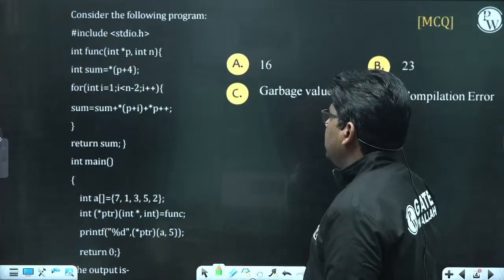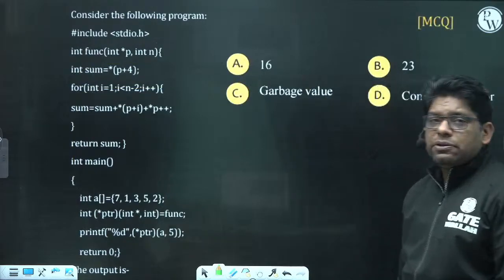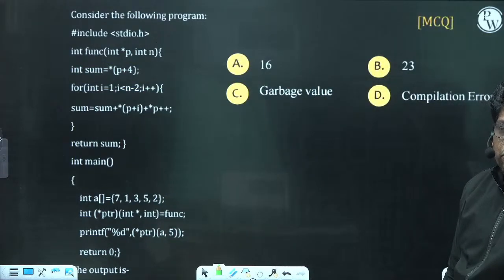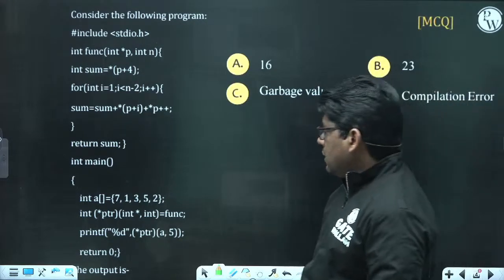Let's try to solve the next question. Take 2 minutes time. Try to solve it.